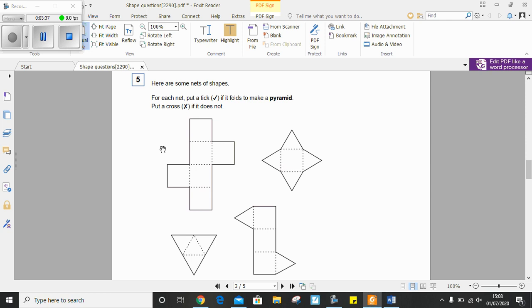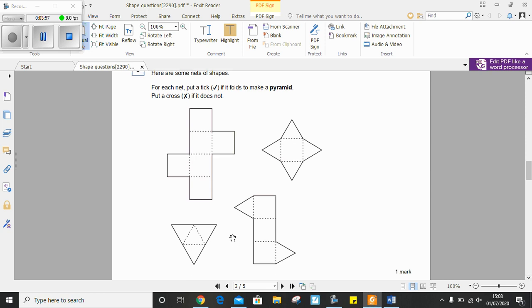So if I'm thinking of folding that shape up, this shape will make a cube. So that is not one, so I would have a cross on this one. If I'm looking here, I can see that if I fold those triangles up, they're going to connect together to make a square-based pyramid. So that one would get a tick. If I'm looking at this shape down here, I can see again that I've got those fold markings, and in my head, if I picture it and fold it up, I can see that that's going to make a triangular base pyramid.